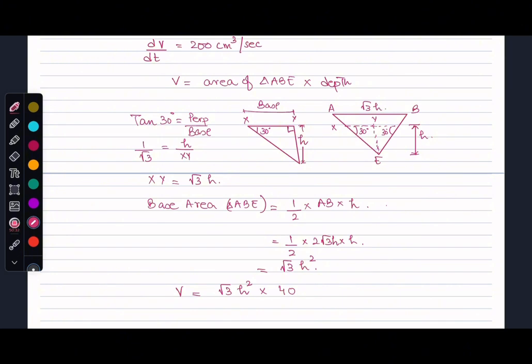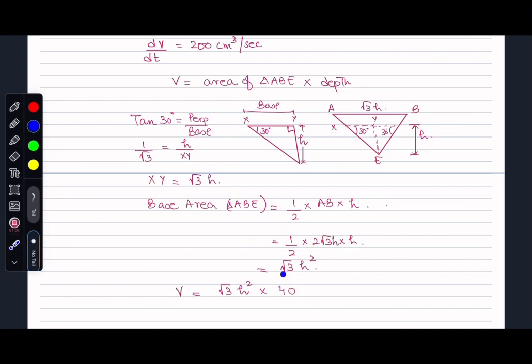So here I can say that the base area of ABE, to whatever depth h the water has been filled up to, can be given as 1 by 2 into AB, or any base, which in this case is twice XY, times the height to which the water has been filled. So the base length here in terms of h is twice square root of 3h, and times height, meaning it should be multiplied by h again.